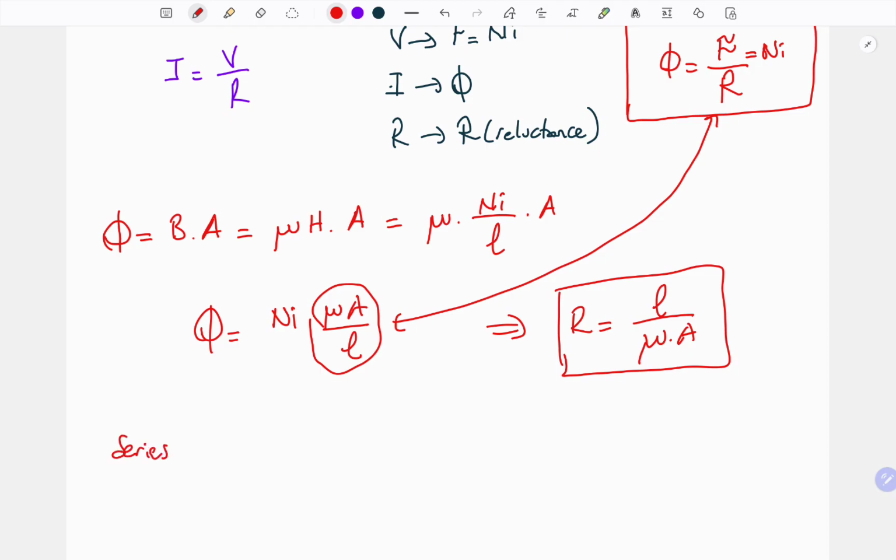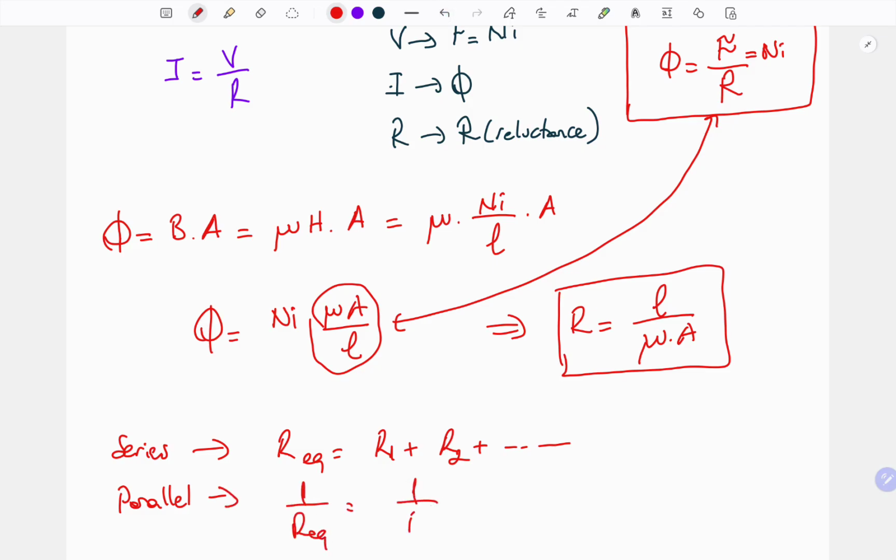For parallel connection, 1 over R equivalent will be 1 over R1 plus 1 over R2. As we know from electric circuits, we can still apply this to magnetic circuits.